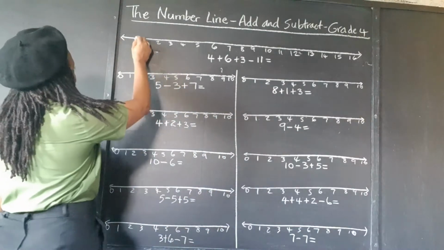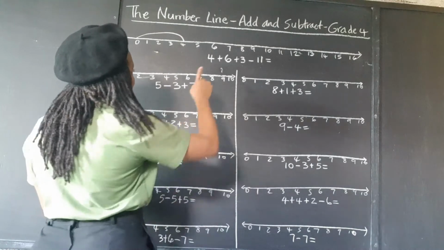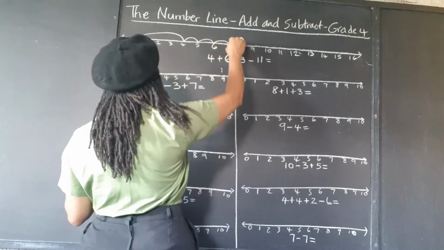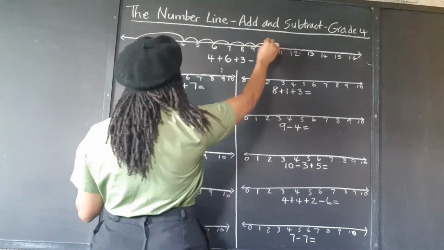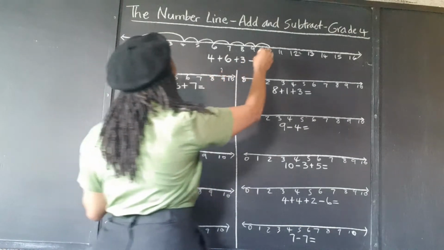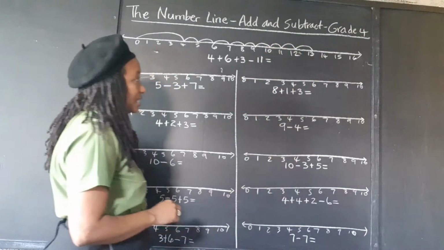So 0 to 4, so that's 4. And then we add 6, so 4 plus 6, that's 1, 2, 3, 4, 5, 6, brings us to 10. Add 3 more, 1, 2, 3, brings us to 13.